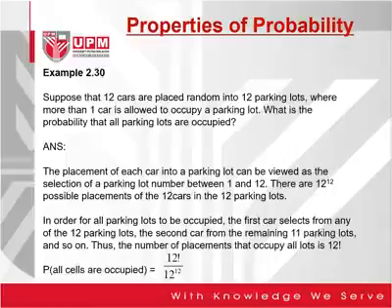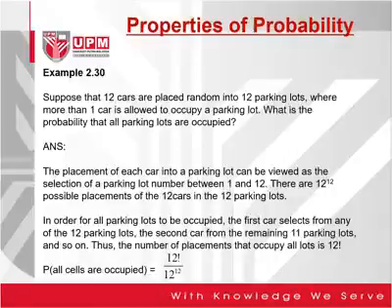But the question asks, what is the probability that all parking lots are occupied? That means none of the parking lots is empty. To find the small n, when you come to the first parking lot, you have 12 cars in your hand, so you have 12 choices. You have to make sure that all parking lots are occupied.